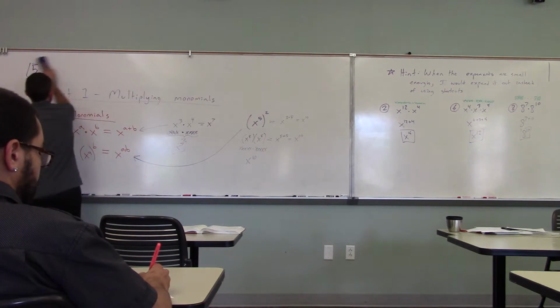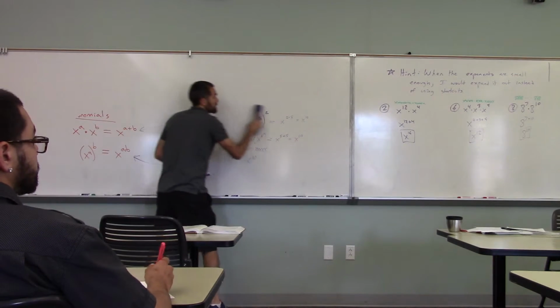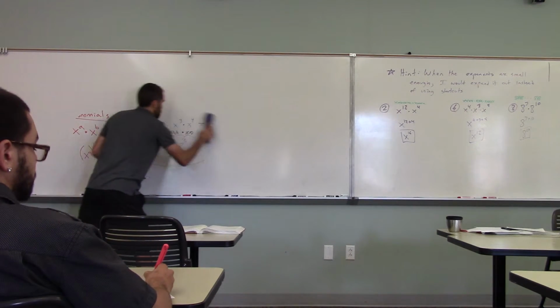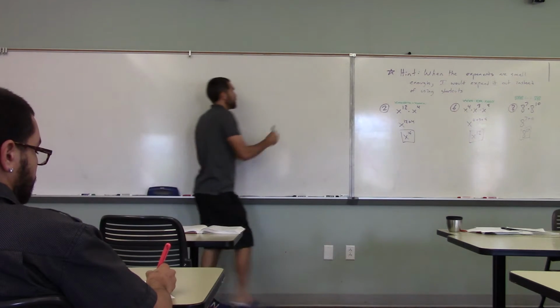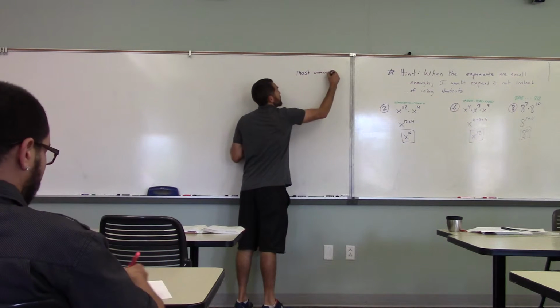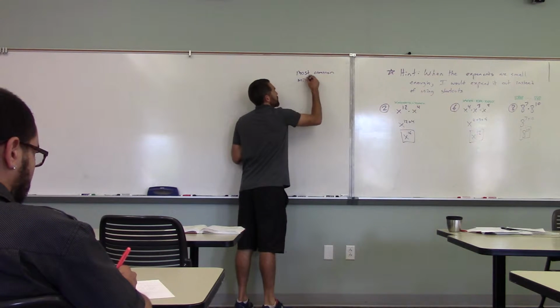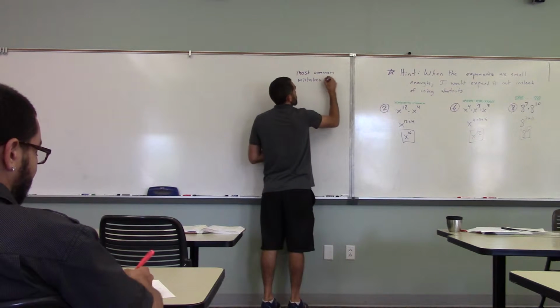The next one, which is one of the most common mistakes in algebra, I'd say probably one of the top 4 mistakes in algebra. I'll write the most common mistakes here. So the most common mistakes, from my almost decade of teaching algebra, okay?